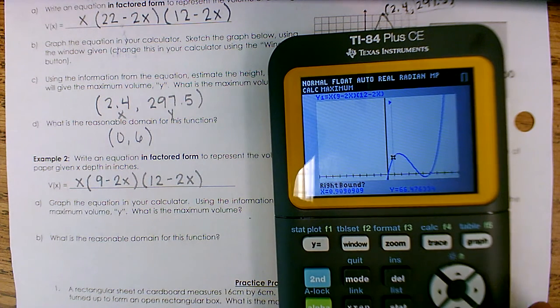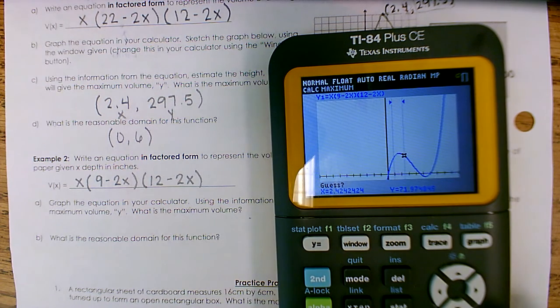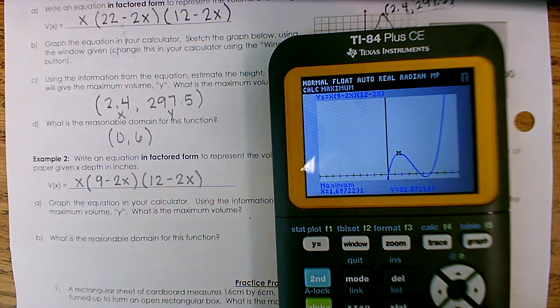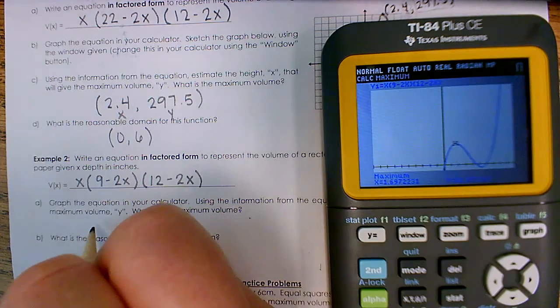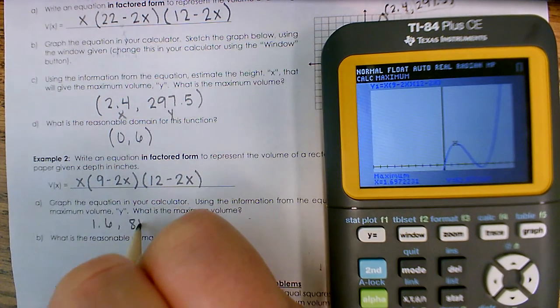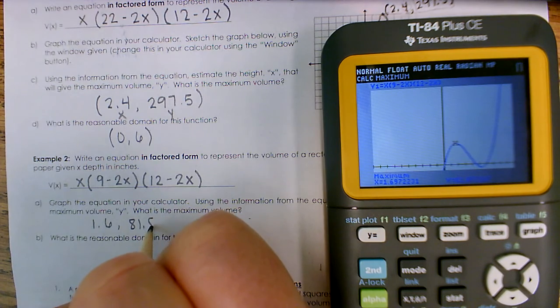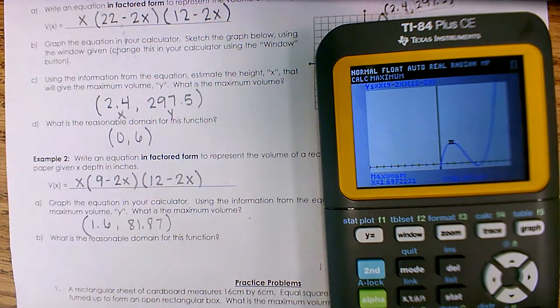Left of that maximum is about here. Right is about here. And so it's going to be at 1.68, 81.87. So there's our maximum value.